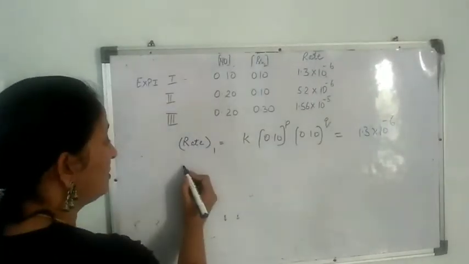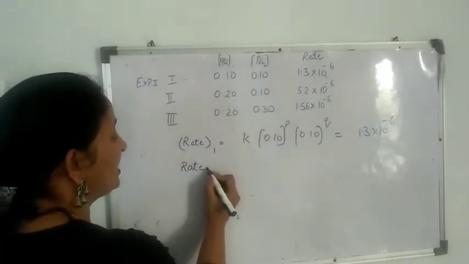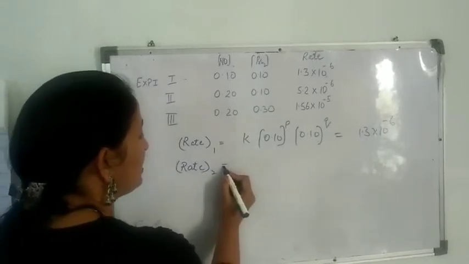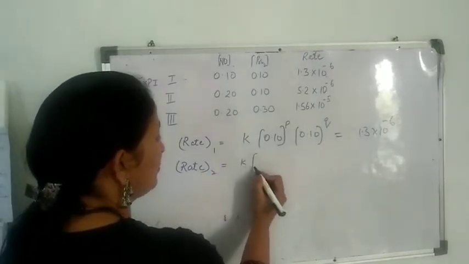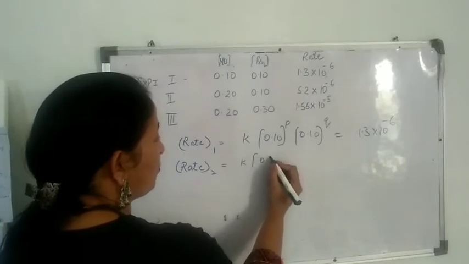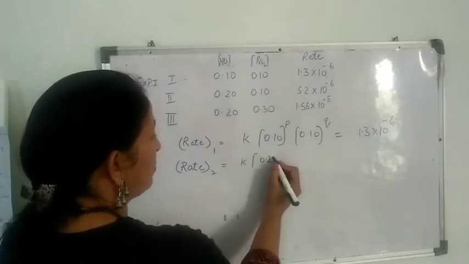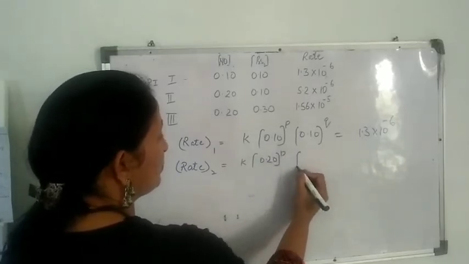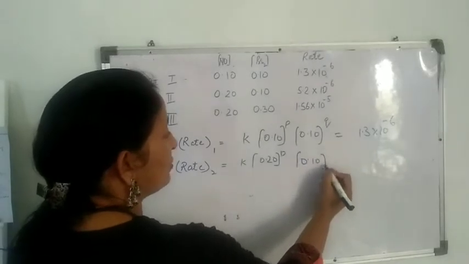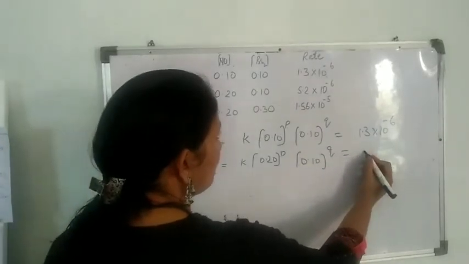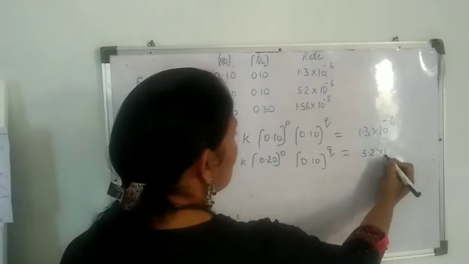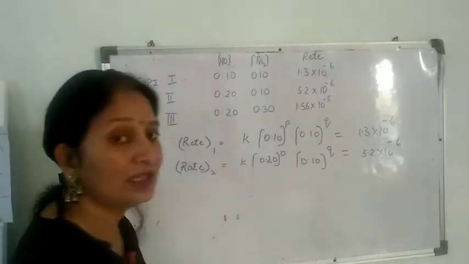Similarly, the rate equation for the second experiment will be rate 2 is equal to K into 0.20 raised to power P into 0.10 raised to power Q is equal to 5.2 into 10 raised to power minus 6.